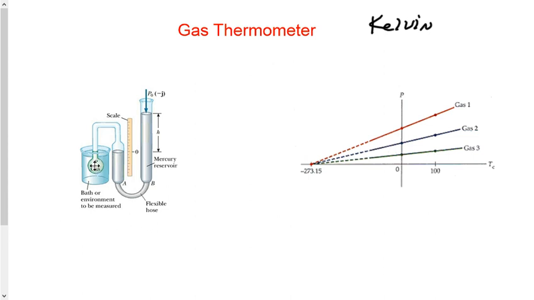What you have is a sample of gas, and you can place it in a beaker of water at a certain temperature. You're going to have gas molecules bouncing around all over the place and creating a pressure here. That pressure is going to push on a liquid. Typically mercury is used in this. It pushes the mercury up, and we'll talk more about how we measure pressure later.